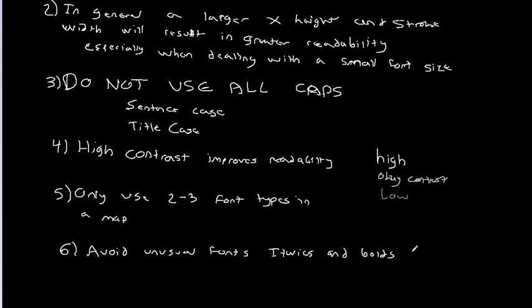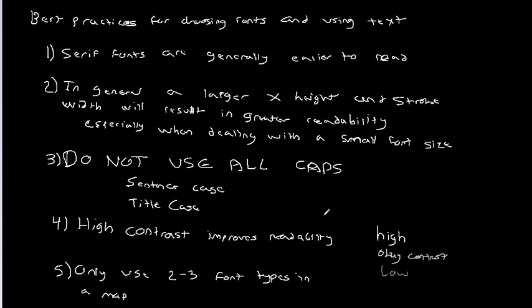I think if you follow these 6 rules, you should be well on your way to picking good text. And just to recap, generally speaking, you want to go with serif. You want a larger x-height and stroke width, especially if you're working with smaller point font sizes. You never want to use all caps. You want to either use sentence case or title case.